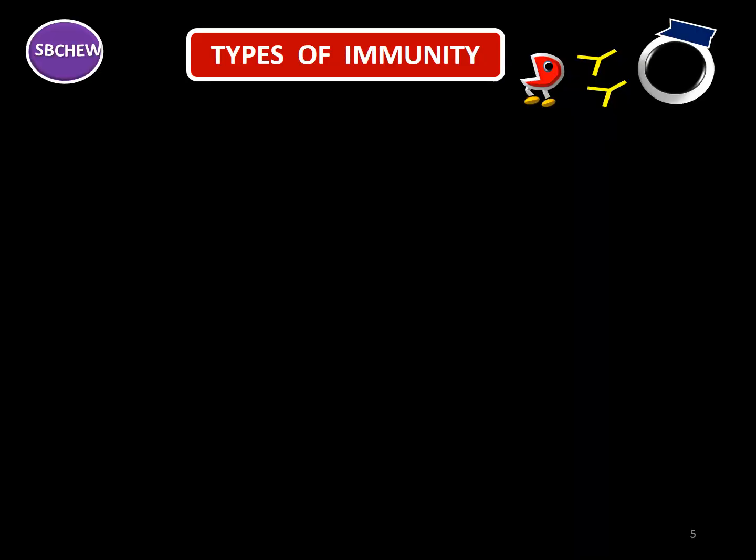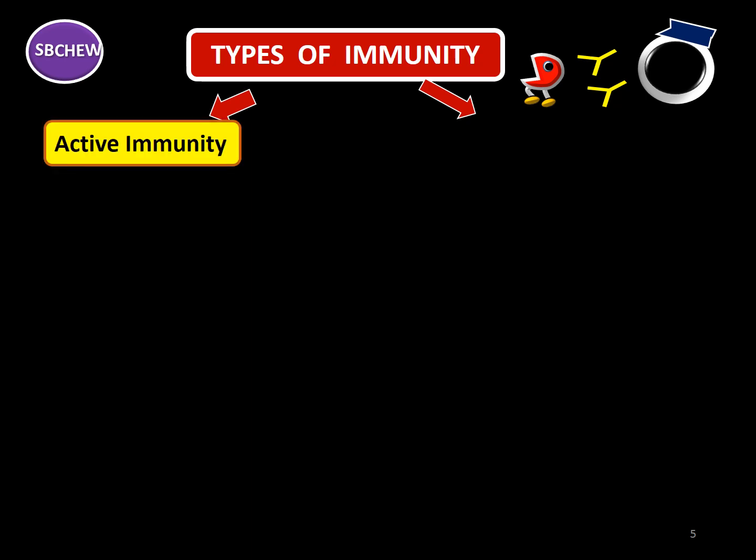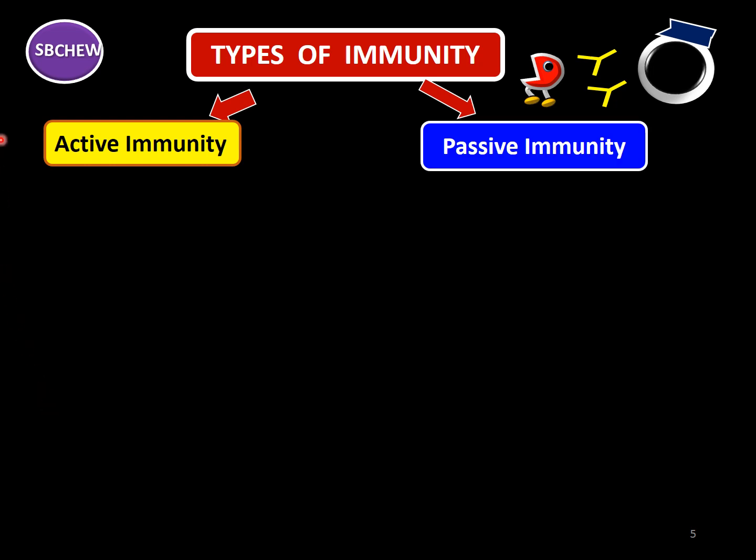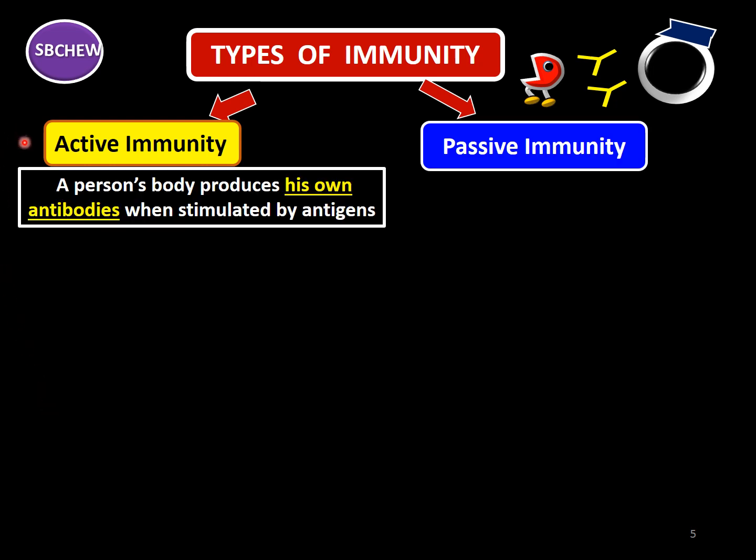Here is a good schematic diagram to help us have an overview of the different types of immunity. So basically, immunity is divided into two types, which is active immunity and passive immunity. Active immunity, as we have discussed before, occurs when a person's own body produces his own antibodies when stimulated by antigens.